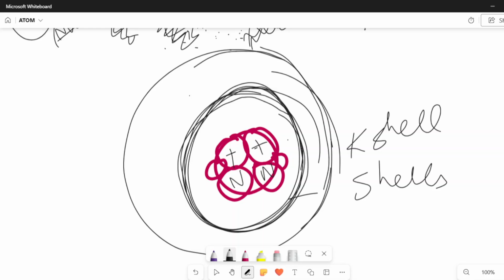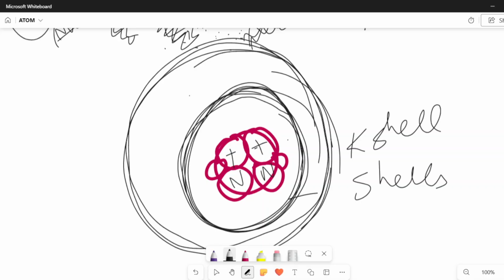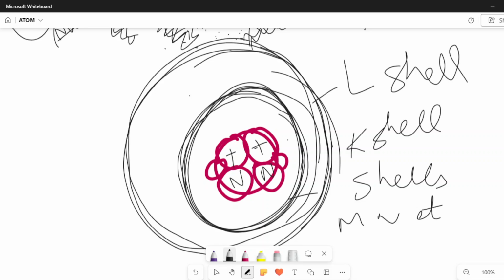Similarly, after a certain distance, another area is there where most probably the electrons can be present. That is called the L shell. Similarly, we have K, L, M, N, etc. These shells are present.